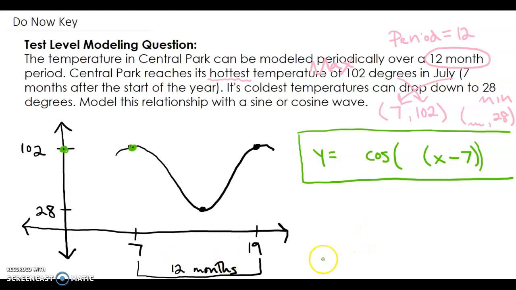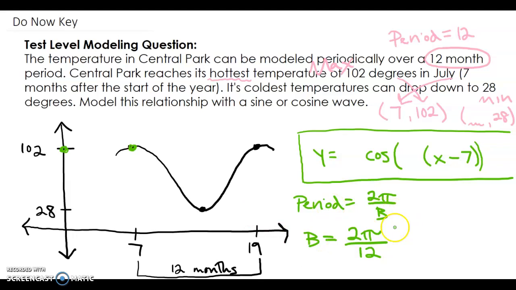The other information that I think is going to be easy for us to work with is this 12-month period. We know that in order to find this b value, we need to use our period. We're not directly plugging our period in. We're not plugging 12 in for this b value. In order to find our b value, we're taking our period and we're setting it equal to 2 pi over b so that b becomes 2 pi over 12, right?